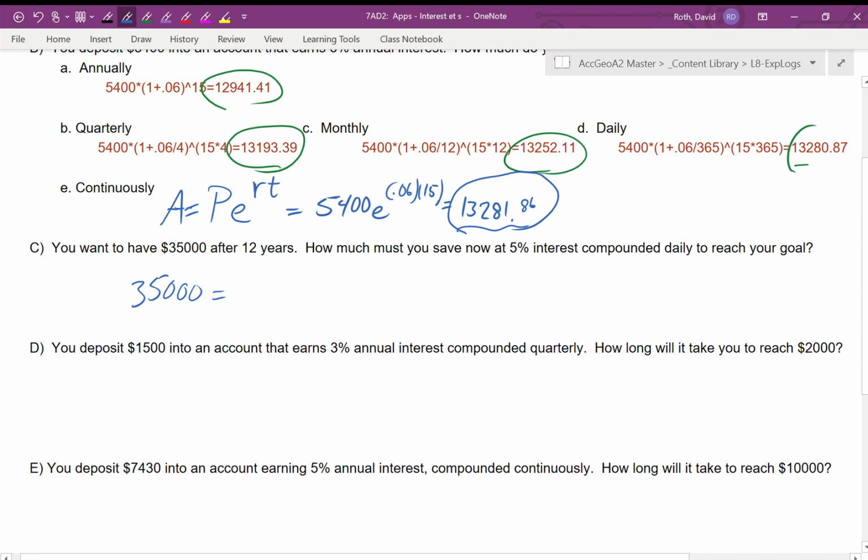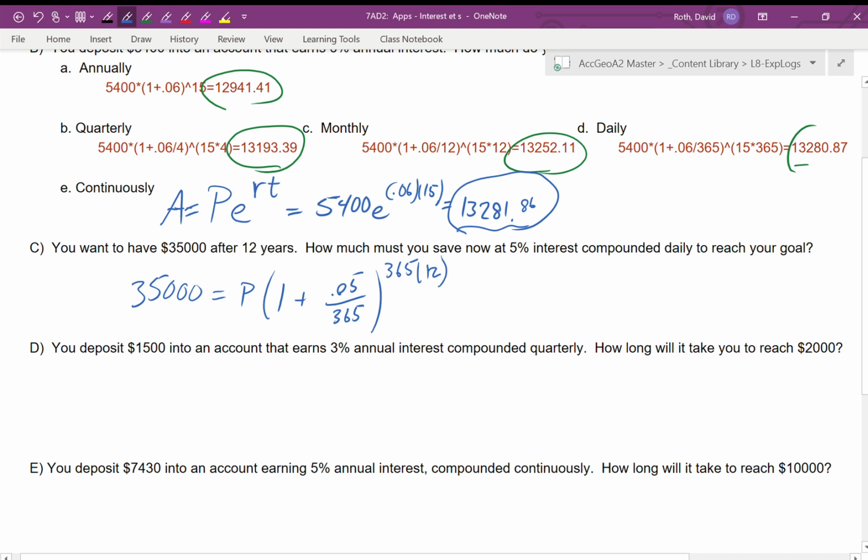35,000 equals unknown principal. This is like maybe you're saving for college. The rate was 1 plus 0.05 over daily, so 365, and then 365 times what, 12 years?